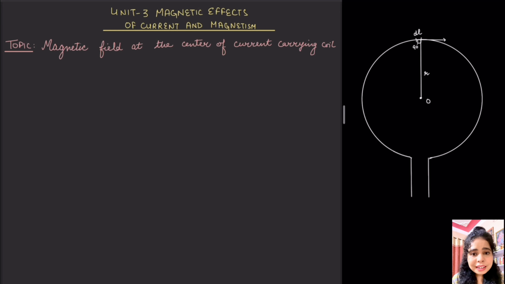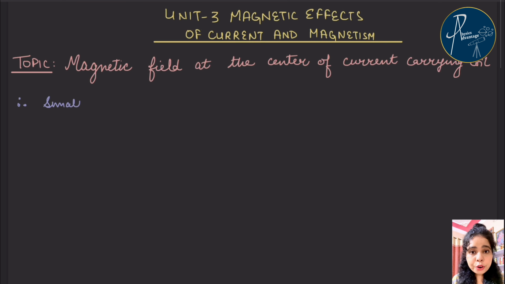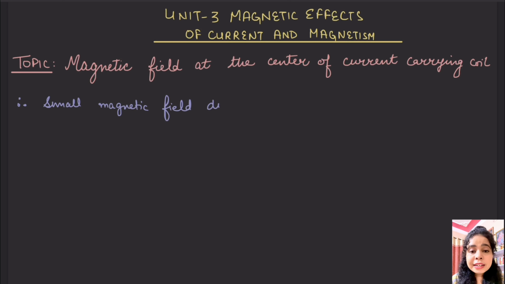Now this condition is clear to us, and as we have considered only one portion of length dl which is under study, for this small portion we will have a small magnetic field which is produced by this small current element of length dl. That is, the current element is Idl, which is producing a very small amount of magnetic field at the center of the circular coil.